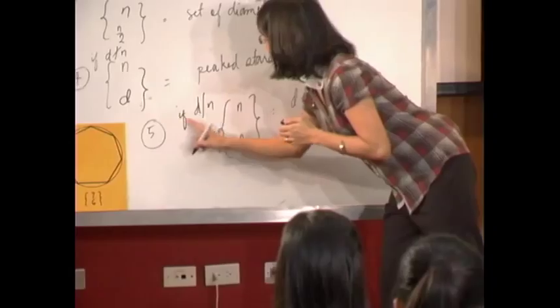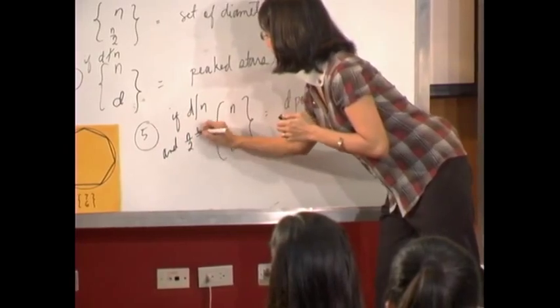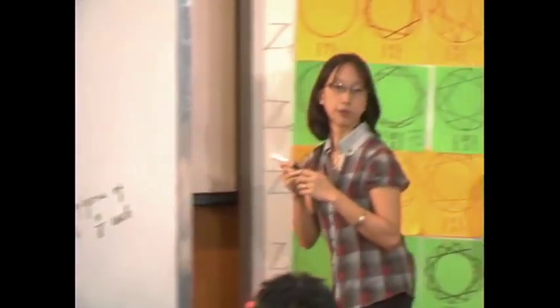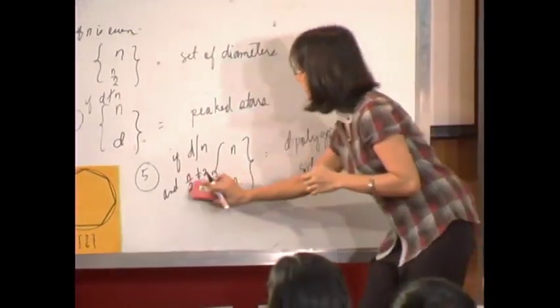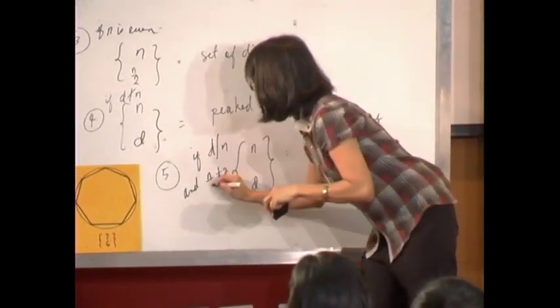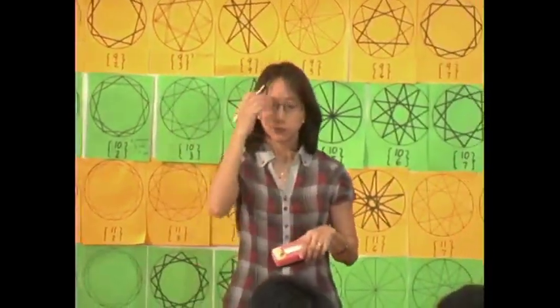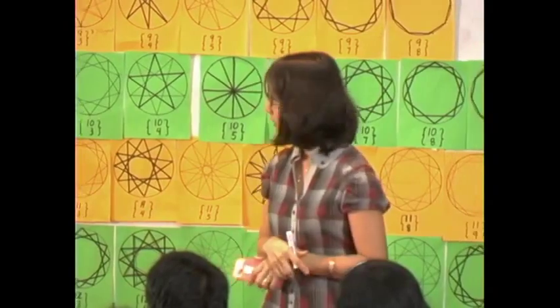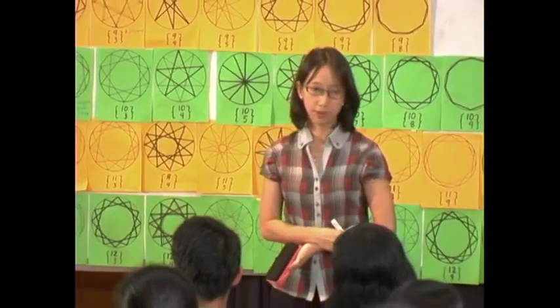So if d divides n and n over d is not equal to 2. Right? Actually, you can find more interesting patterns and you can make your own conjectures and eventually prove them.